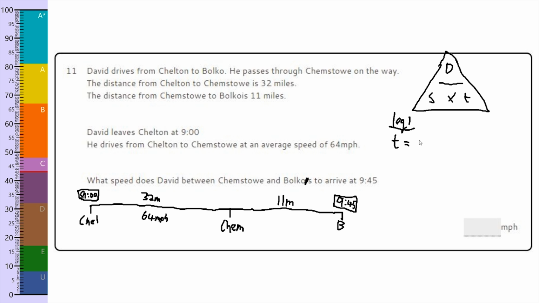So time is the distance, which is 32, divided by the speed, which is 64. And this just so happens to be 0.5 hours. 0.5 hours is not 50 minutes, which some people think. 0.5 is a half. Half an hour we know is 30 minutes.